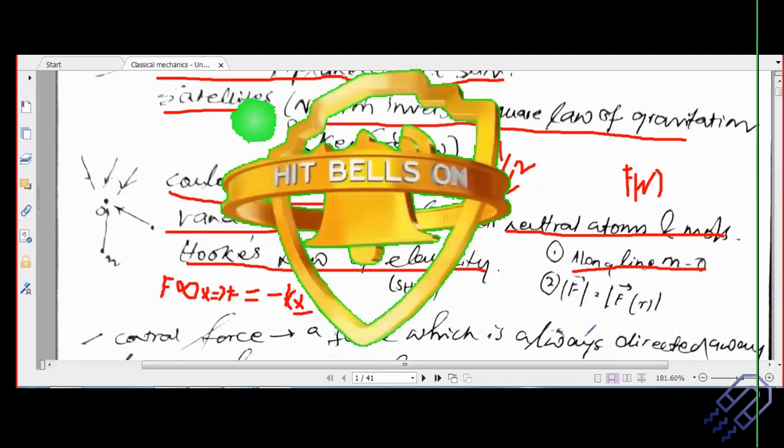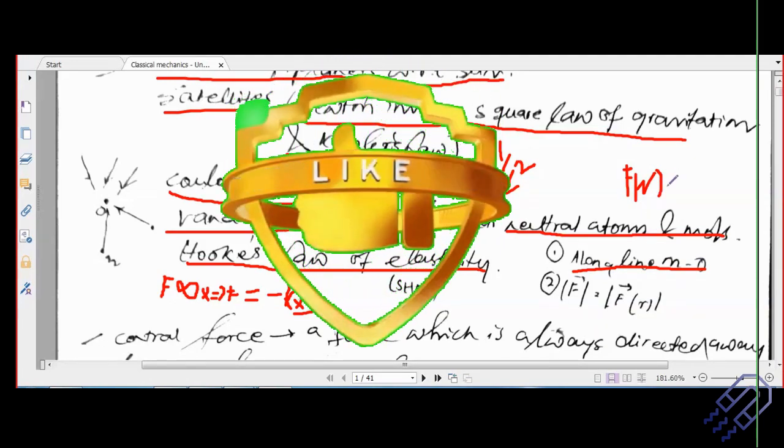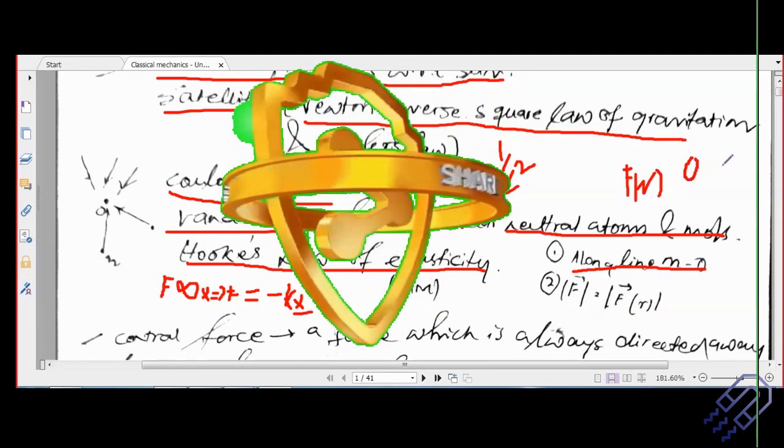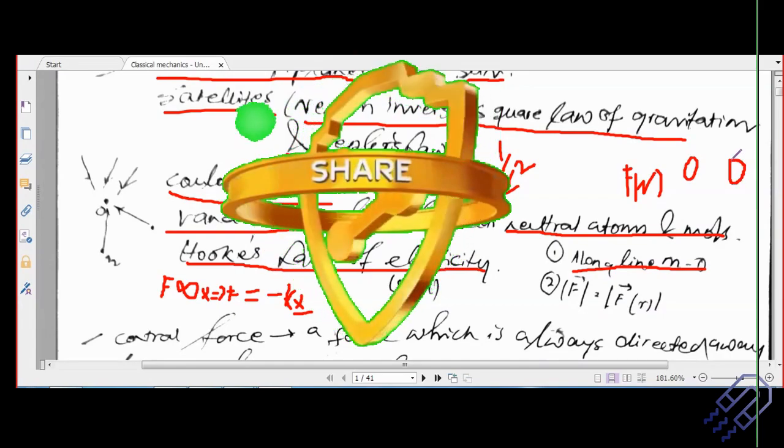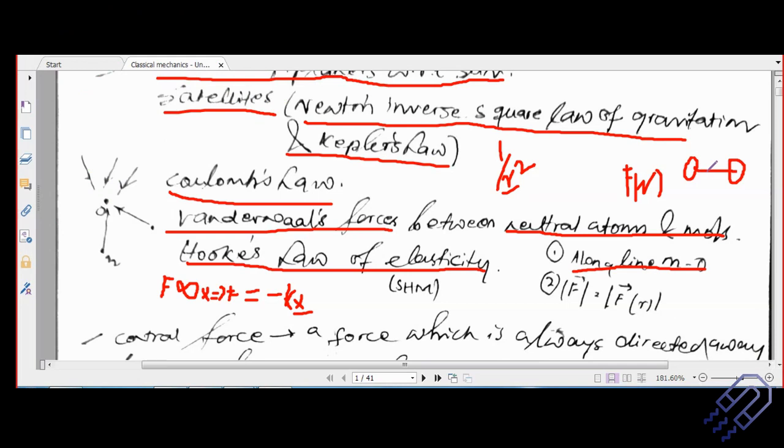Whenever you consider the force between two bodies of mass m1 and m2, the force will always act along the line joining the two. This is of course an imaginary line, and the force will act along this line. This is nothing but a function of r.